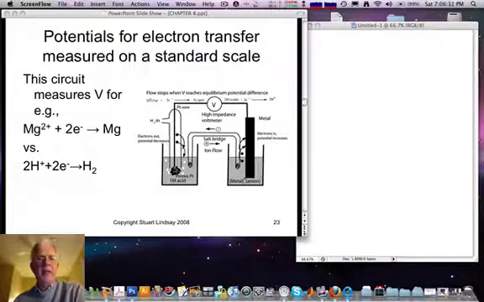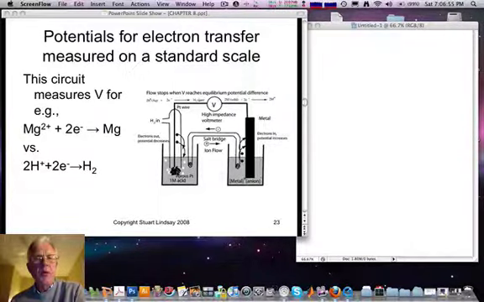The reference electrode in this case consists of porous platinum onto which is absorbed hydrogen. So hydrogen is bubbled through at atmospheric pressure to absorb on the surface of this porous platinum. So there is molecular hydrogen on the surface of the porous platinum, and it is bathed in a bath of 1 molar acid.